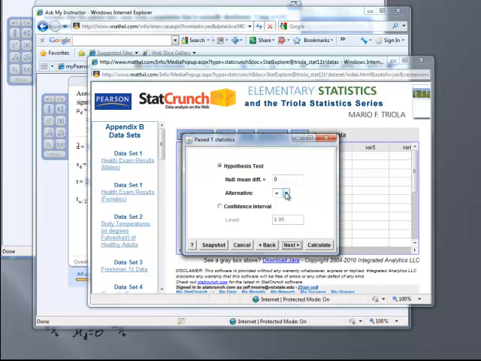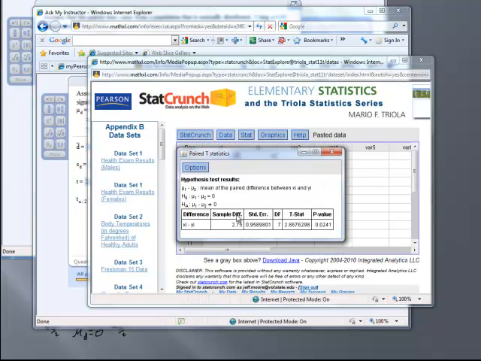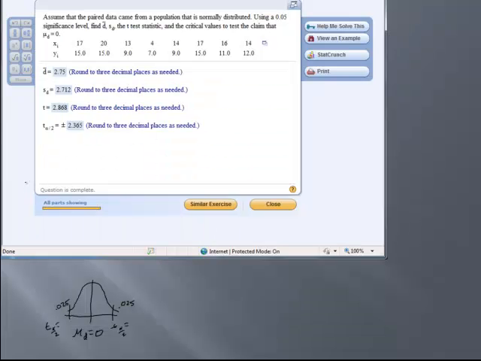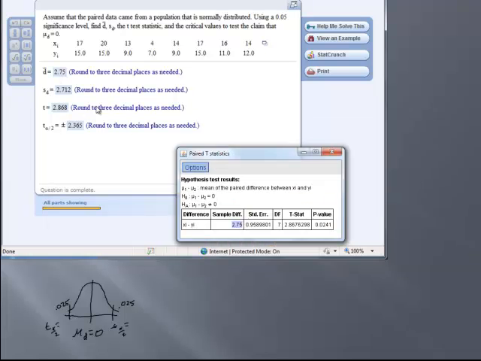That leaves the alternative hypothesis to be not equal to. Now we'll hit calculate. And right here, the sample difference, 2.75, which is what we have here, D bar, 2.75. The t-statistic is given here, 2.868 when we round to 3 decimal places.